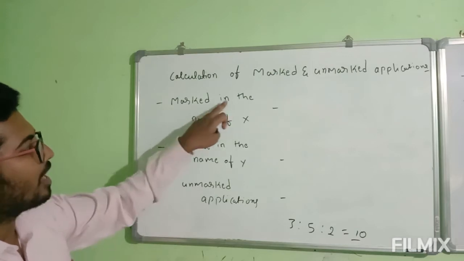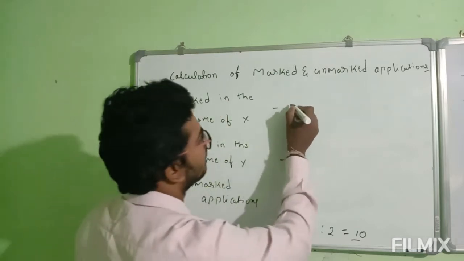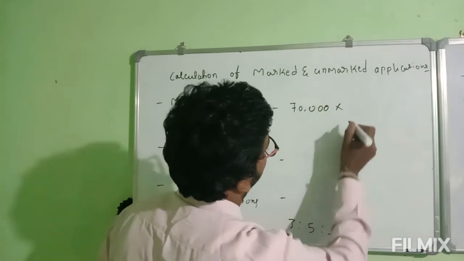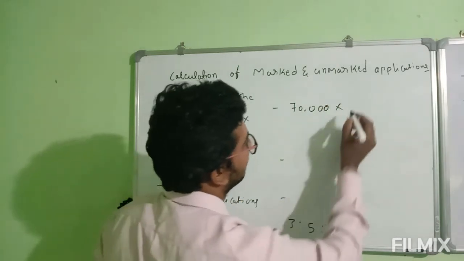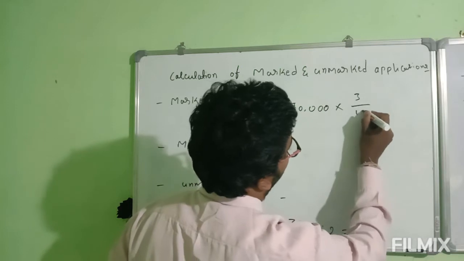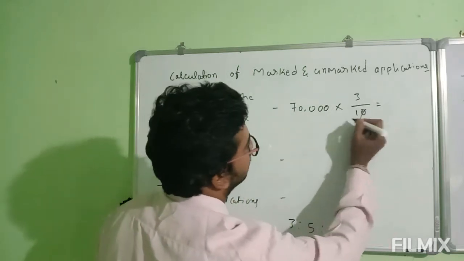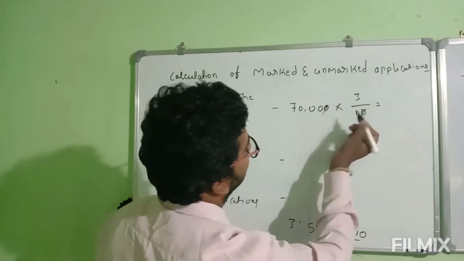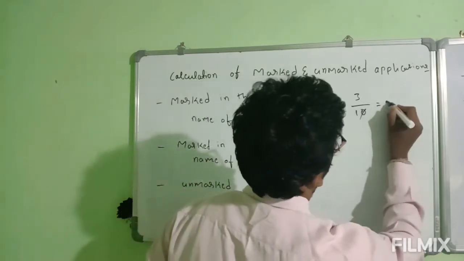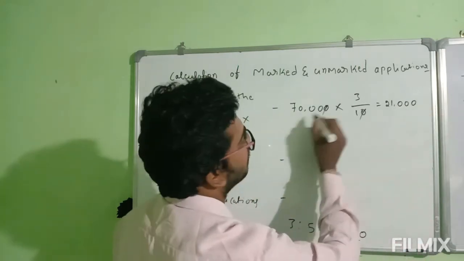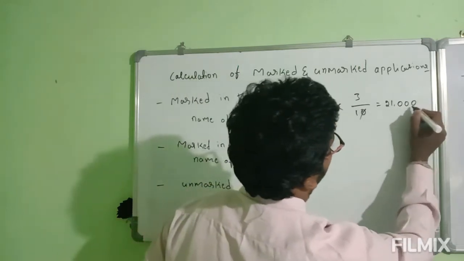Marked in the name of X: the overall subscription is 70,000. What is the part of X? 3 divided by 10. Cancel a zero each, 7 threes are 21, and the 3 zeros remain. So 7,000 into 3, you will get 21,000 shares.